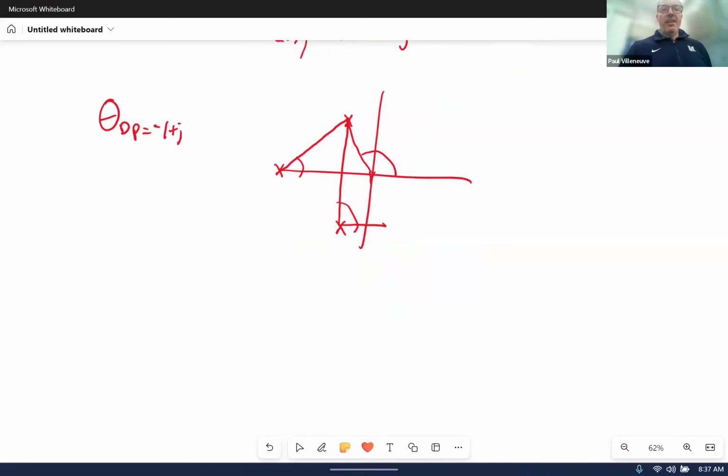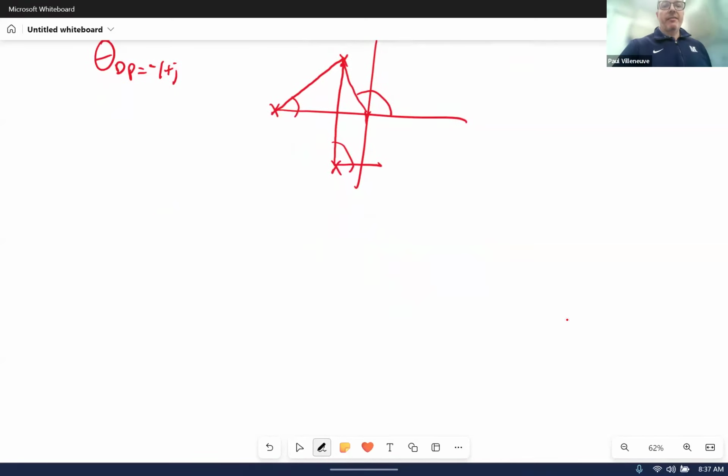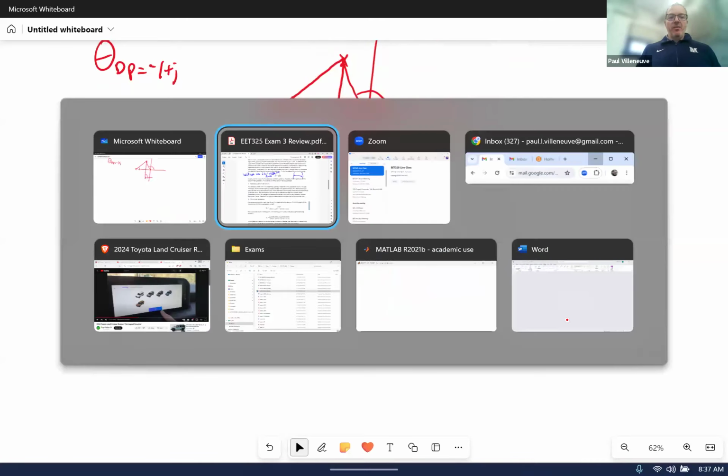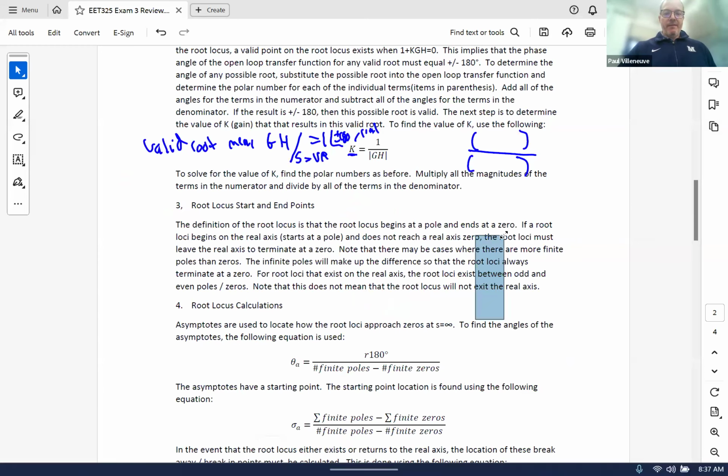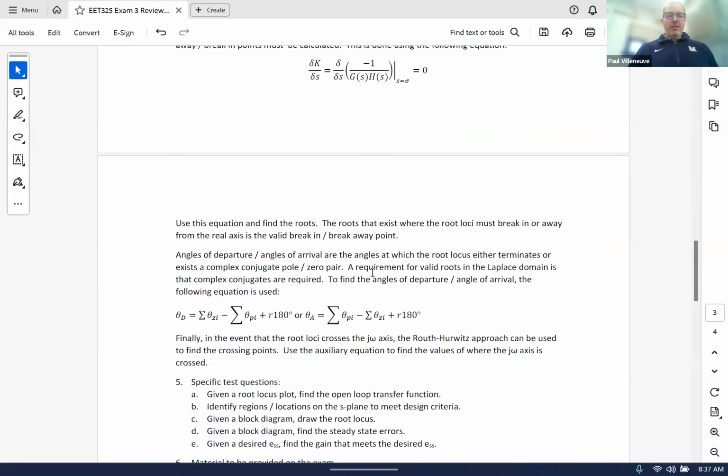Let's start with the easiest one. What's the angle right here? Oh, wait a minute. Let me get you the equation that we're going to implement. So we're doing this departure angle. It's the sum of the theta z's minus the sum of the theta p's plus r times 180.